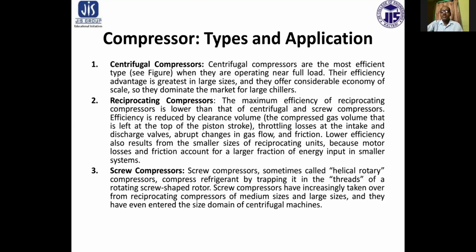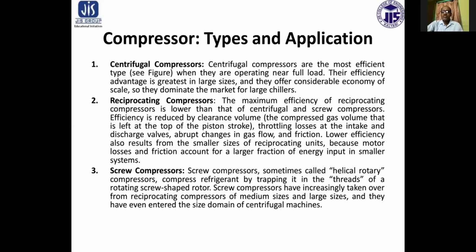Reciprocating compressors: the maximum efficiency of reciprocating compressors is lower than that of centrifugal and screw compressors. Efficiency is reduced by clearance volume, throttle losses at the intake and discharge valves, abrupt changes in gas flow and friction.